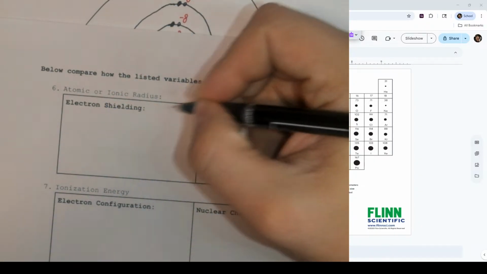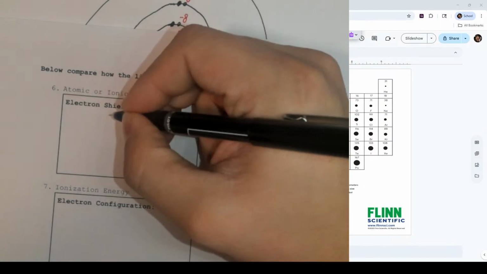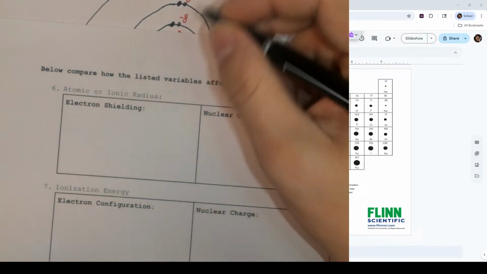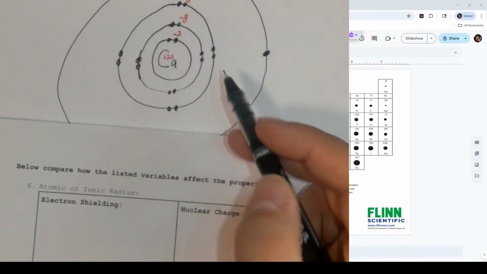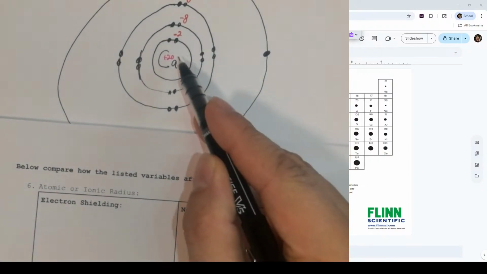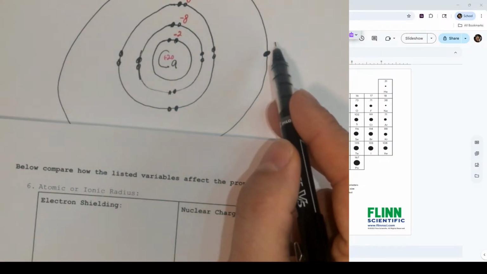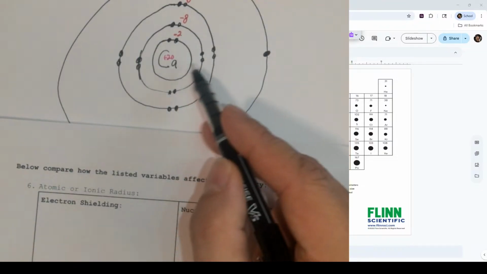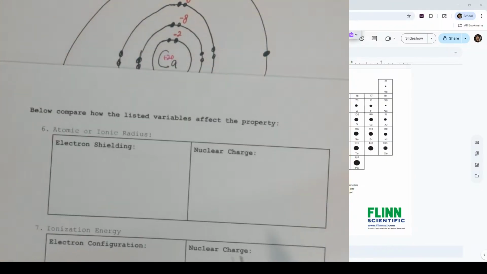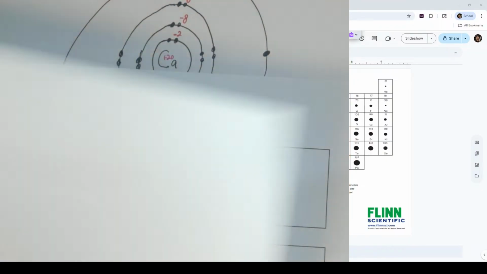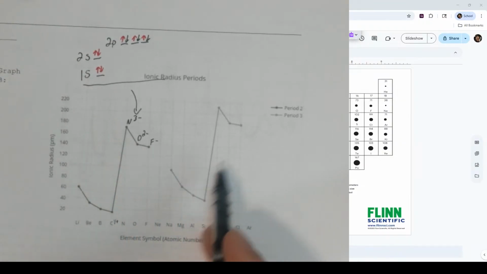So we've got electron shielding and nuclear charge. Electron shielding is how the inner electrons are basically stealing the full force of the nuclear charge from the outer electrons. So this is going to be the same for all those. These actually effectively don't change.